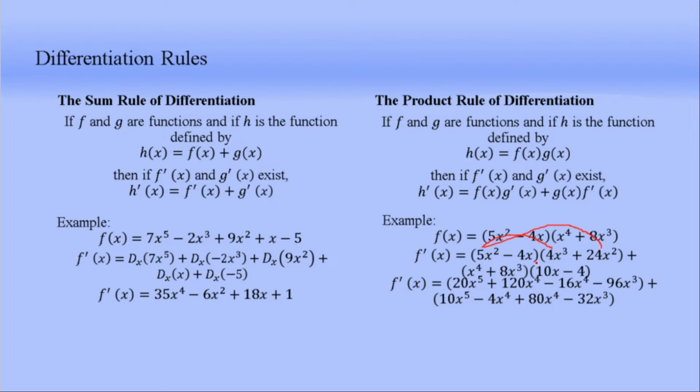So 5 times 24, we have 120, and then we're going to add the exponents of the variable x, as they have the same variable. So that is going to equate to x raised to the fourth power.